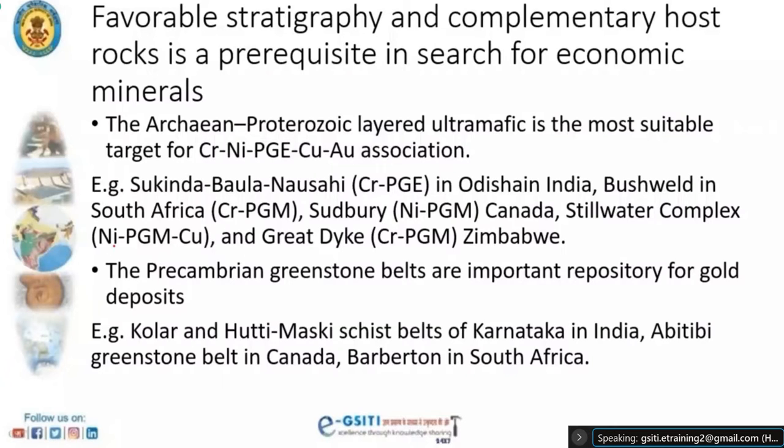The Archean rocks, being more ultramafic, are targeted for chromium, nickel, PGE, copper, and gold, followed by your younger basic rocks for gold and polymetals, and finally the more recent Proterozoic granites, of more than 2.5, which may contain more amounts of REEs. So the favorable stratigraphy and complementary host rock is a requisite in the search for economic minerals.